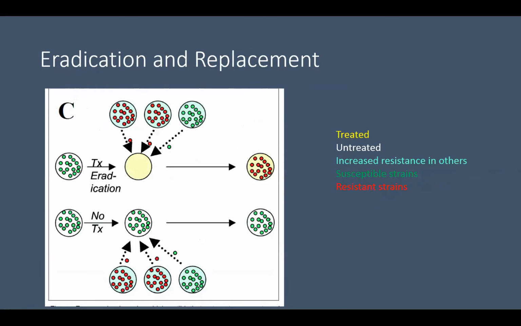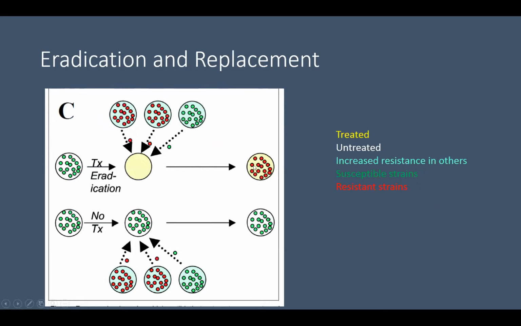In the third scenario, which is referred to as eradication and replacement, you've got treatment of infection, which eradicates the susceptible bacteria. So you can see this yellow circle has no bacteria in it. With them being eradicated, it's now possible for the host to acquire resistant strains.